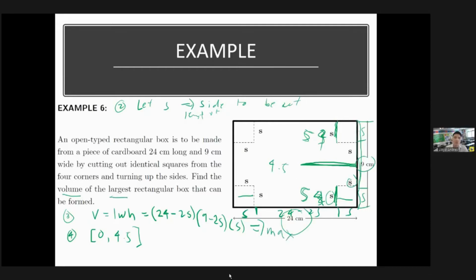So para makita ang maximum value is makita nimo sa endpoints na posible sa 0, 4.5 or sa critical point. So ika-fifth nato is kailangan nato pangitaon si critical point. So again, to solve for the critical point is set ang derivative sa given function to 0.